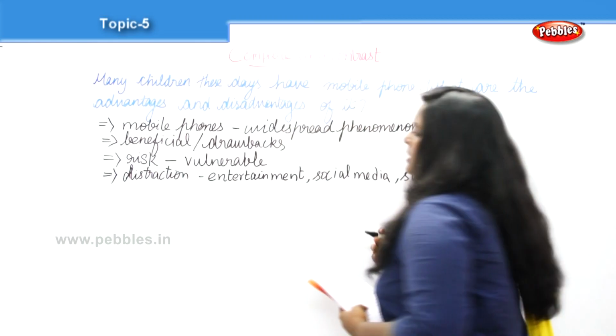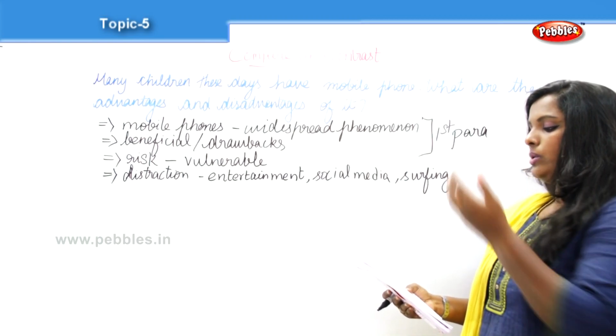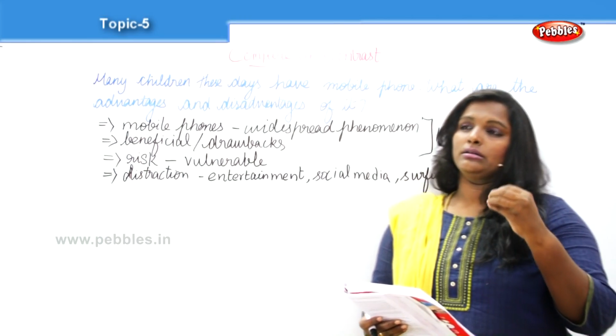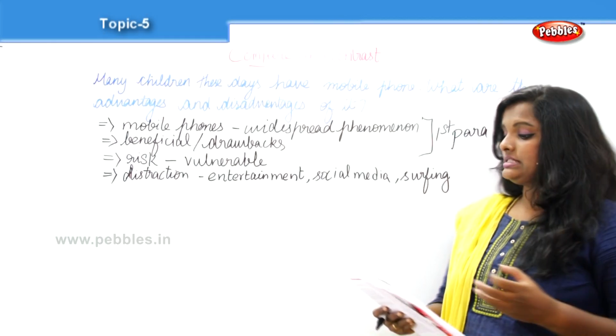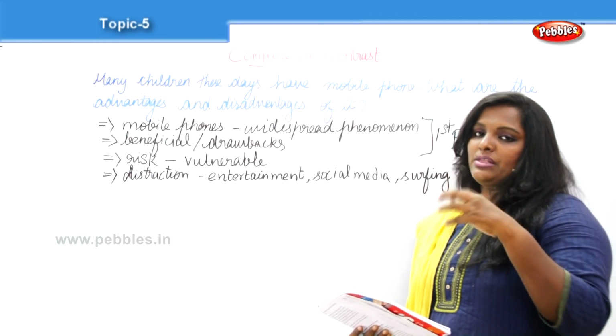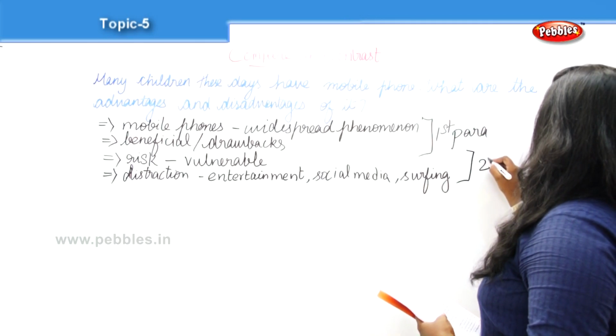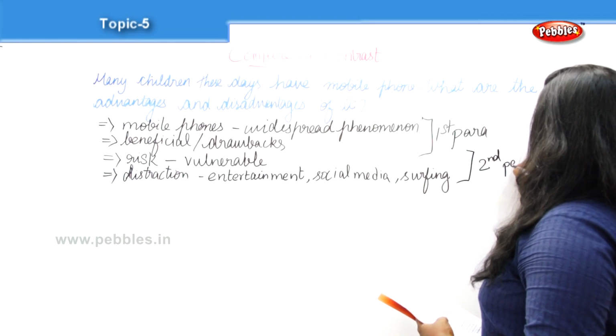More than what is required always becomes a distraction. Sometimes schoolgoers indulge in indecent usage of the internet, which might harm and disturb their tender minds. So the risks involved will come in the second paragraph.